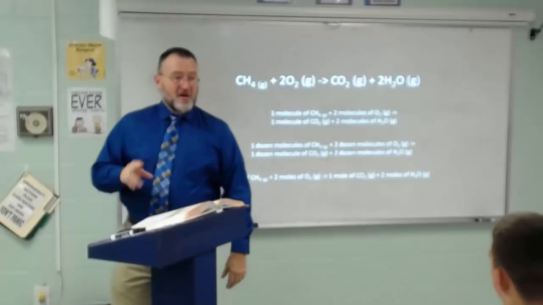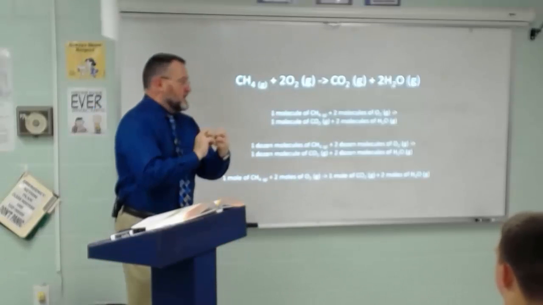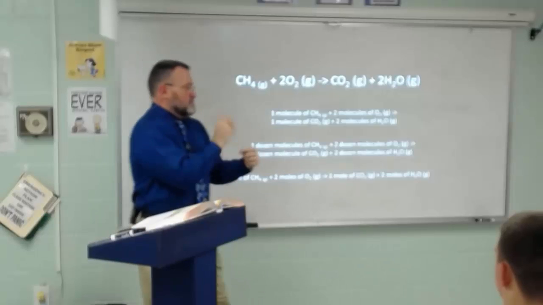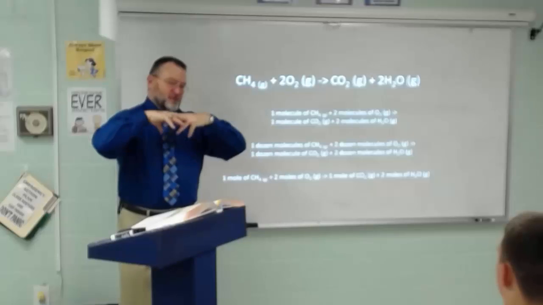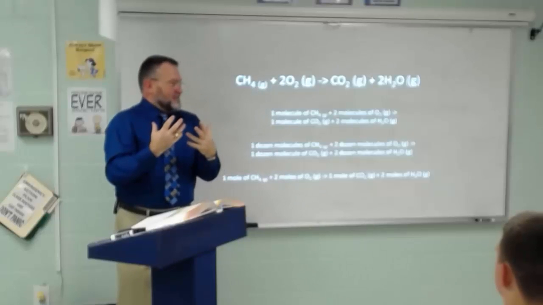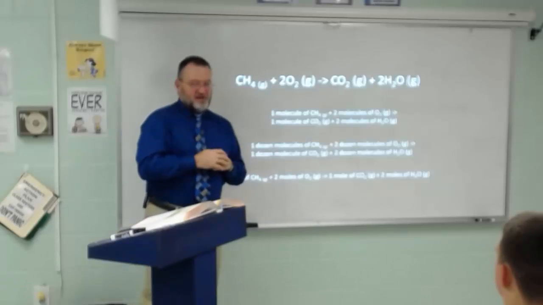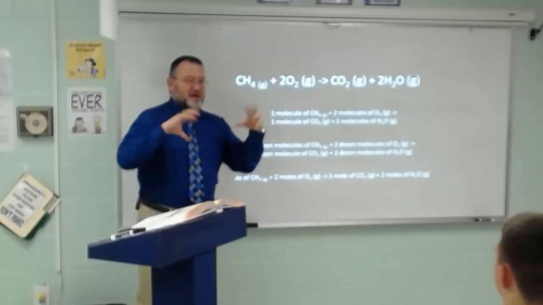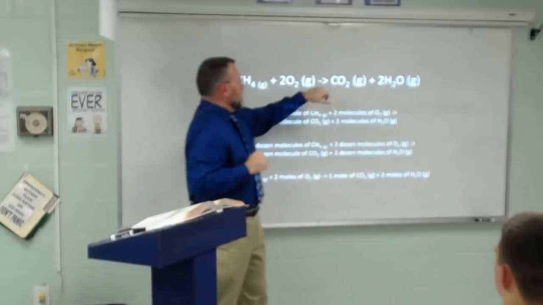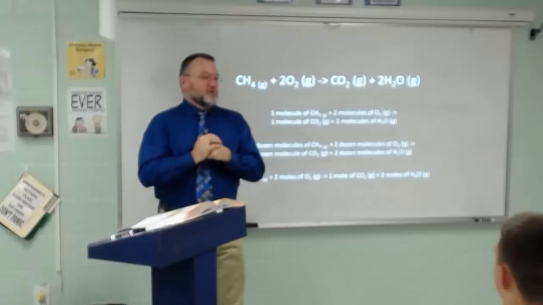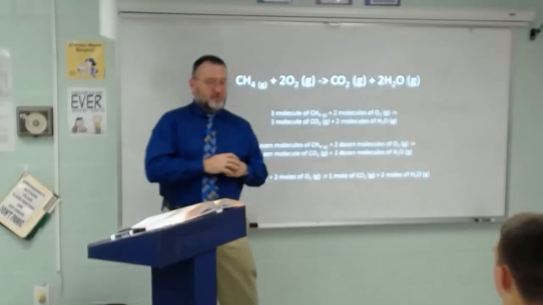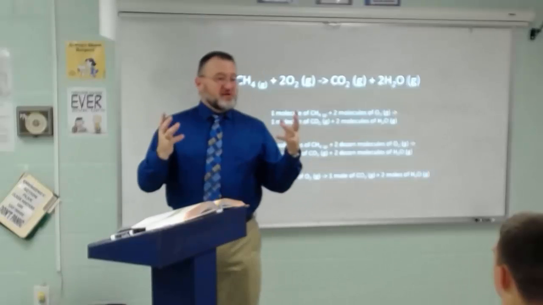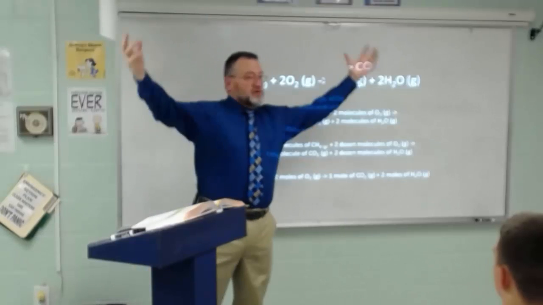See? What we've done is rather than taking 1 and 2 and reacting them to produce 1 and 2, we're taking 1 times 6.02 times 10 to the 23rd and reacting it with 2 times 6.02 times 10 to the 23rd, reacting it to produce 1 times 6.02 times 10 to the 23rd and 2 times 6.02 times 10 to the 23rd. All we've done is taken the number and just blown it up huge, right?